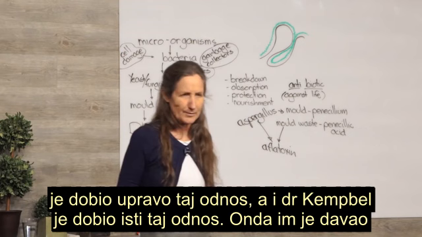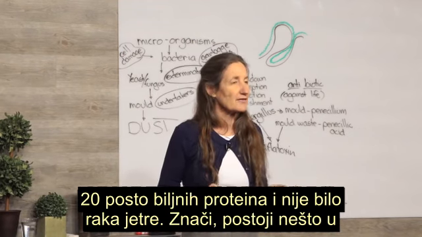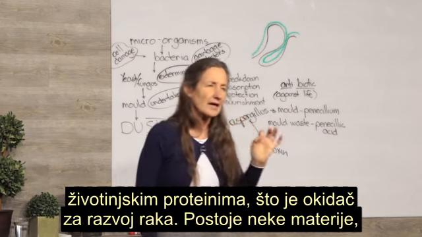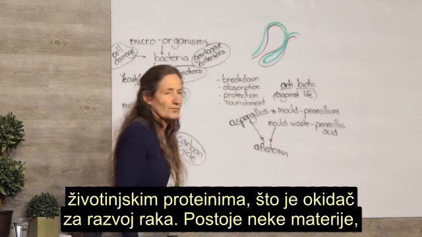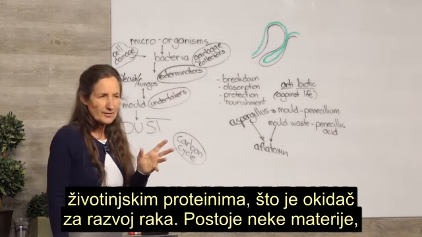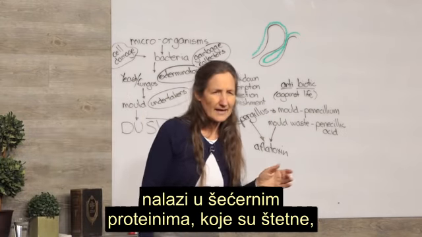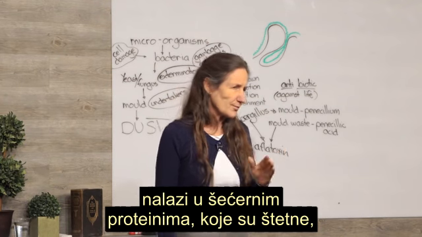He did another experiment. He gave them 20% vegetable protein. No liver cancer. There was something in the animal protein that was triggering the cancer growth. And there are a few things: the casein and also the lactose, which is the sugar in the milk.